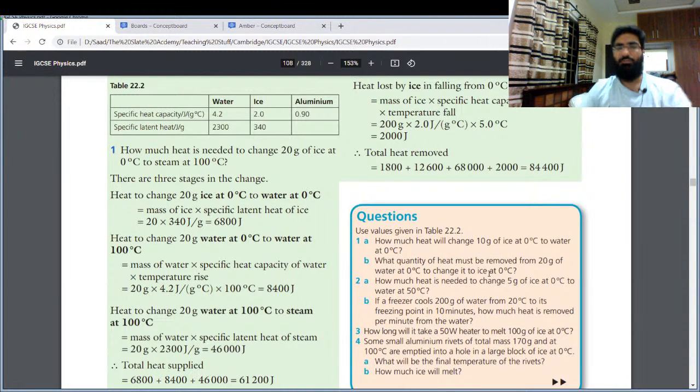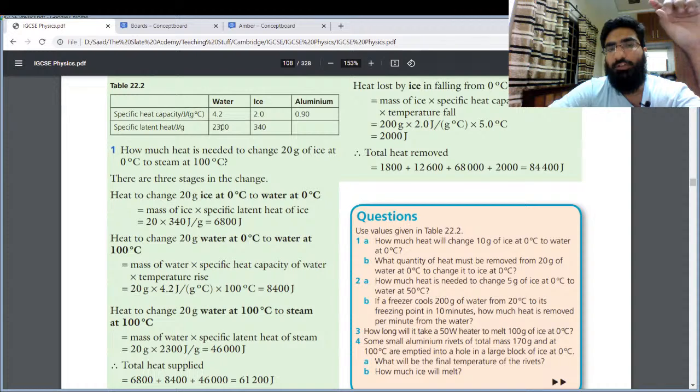Excellent, excellent. Why 340 and why not 2300? One thing: this 2300 is for conversion between water and gas, and this 340 is for conversion between ice and water.